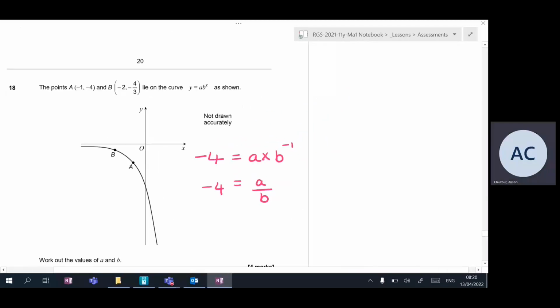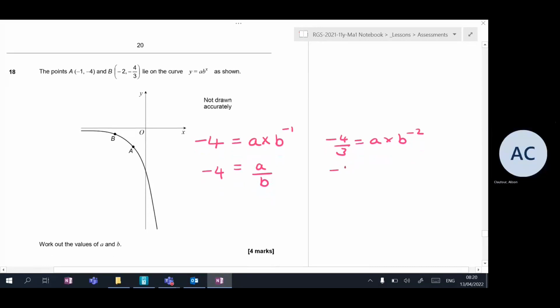Okay, my next one is minus 4 over 3 is a times b to the minus 2. So again, I'm going to simplify it to make it minus 4 over 3 is a over b squared.